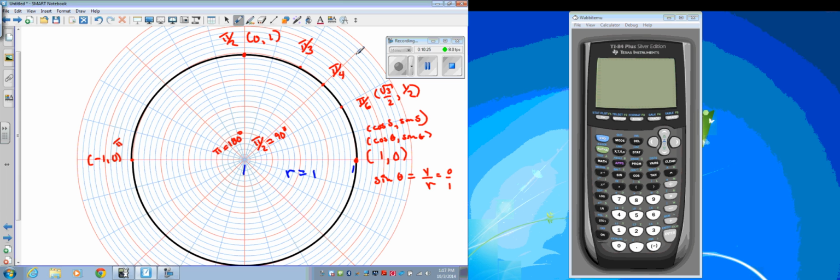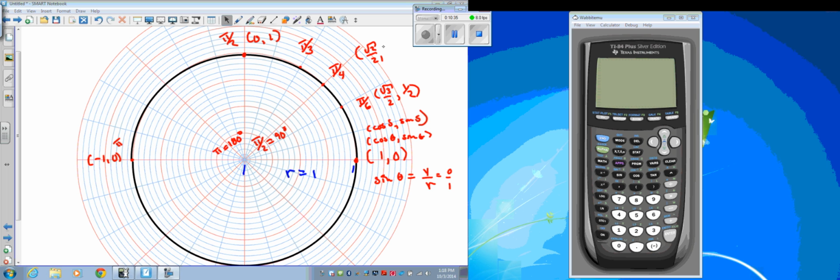And then the next important point is this one where the cosine is the square root of 2 over 2 and the sine is the square root of 2 over 2. That's an arc length of pi over 4 on the unit circle, a central angle of pi over 4, or 45 degrees.